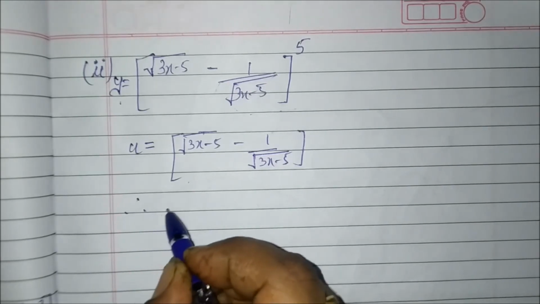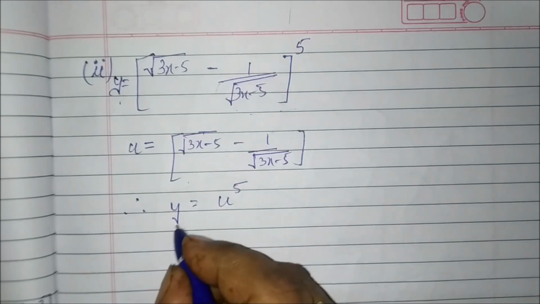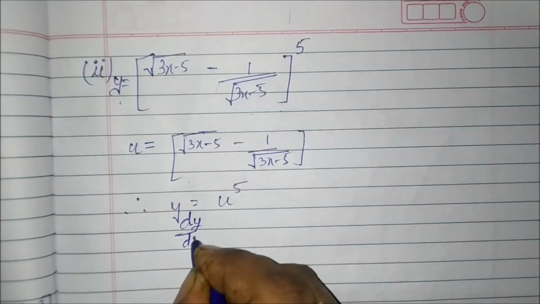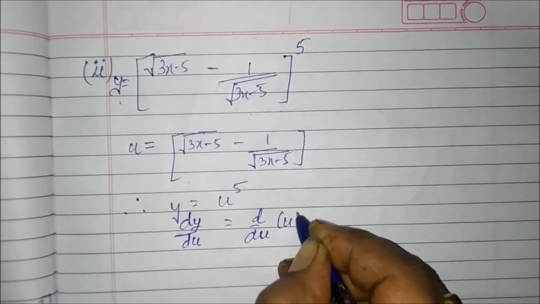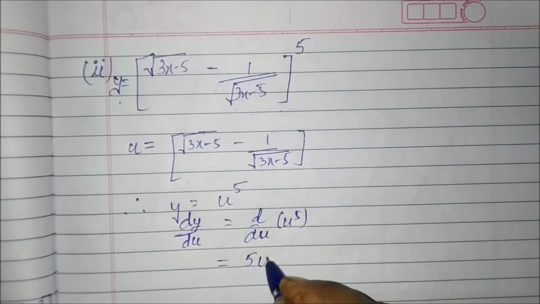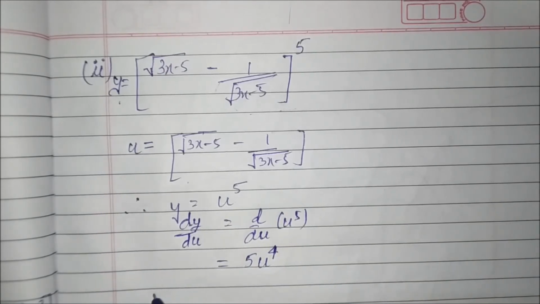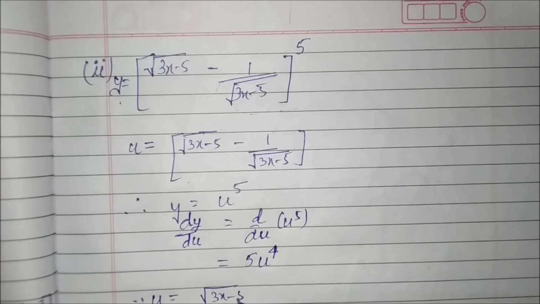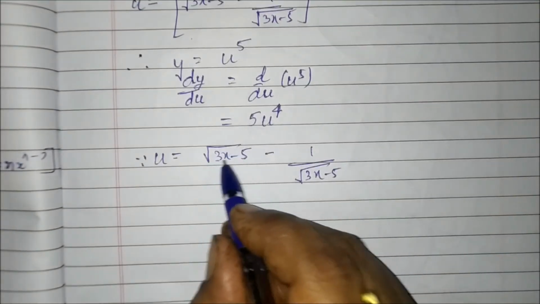Then we have y equals u raised to 5. Clear? Then differentiating with respect to u, dy by du equals d by du of u raised to 5, which is 5 u raised to 4. Clear?